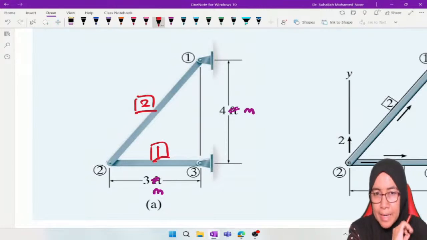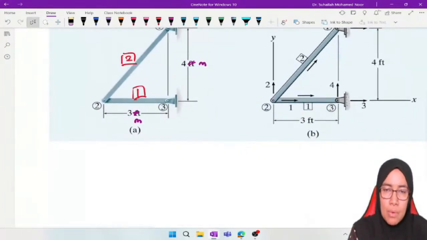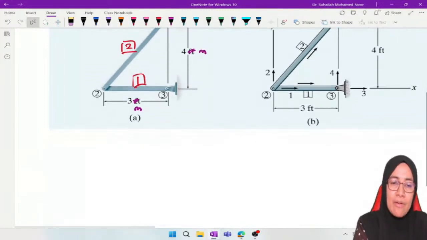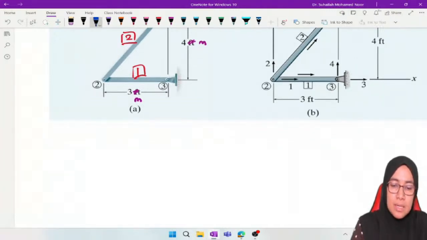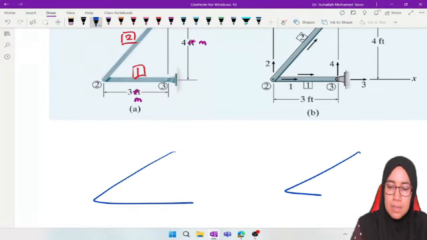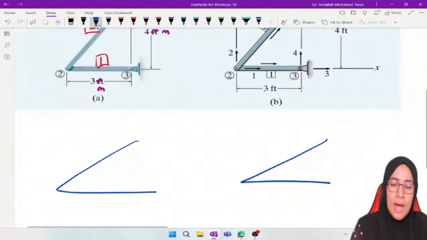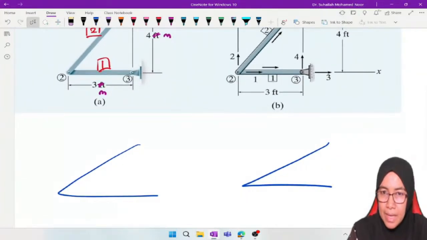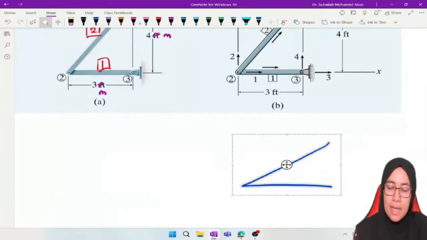The next one is degree of freedom. When we want to label degree of freedom, normally we have to sketch the diagram separately. We divide into two systems: unconstrained and constrained.